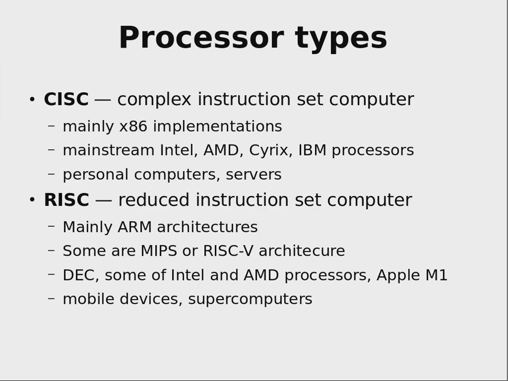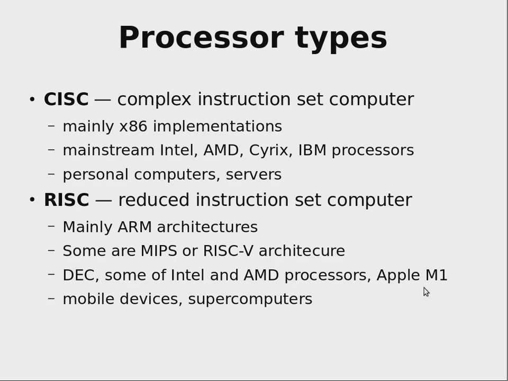And therefore, many years ago, these were usually used for supercomputers or some other things, like embedded devices where less power was more important than more performance. But now these RISC-based architectures become more and more popular.